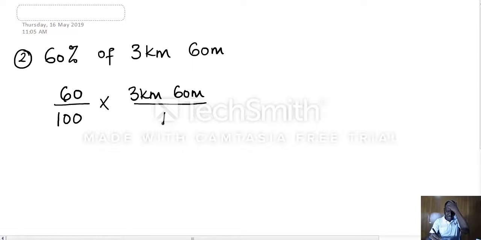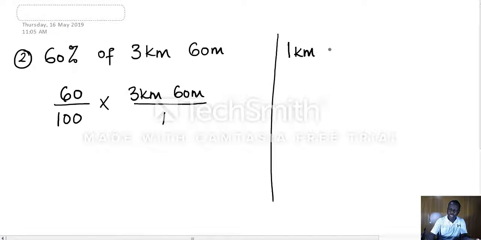Now this is given in terms of kilometers and meters. So the best thing for you to do is to express them all either in meters or in kilometers. So we are going to convert 3 kilometers to meters and add to 60 meters. That will give us its equivalent all in meters. We know that 1 kilometer is equal to 1000 meters.